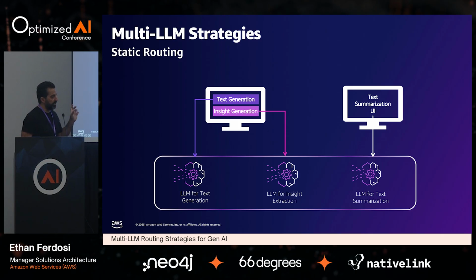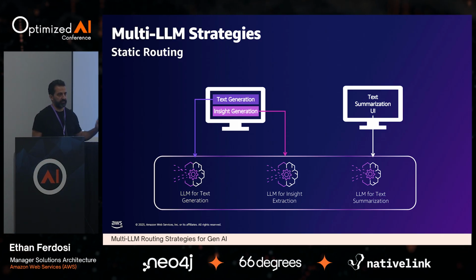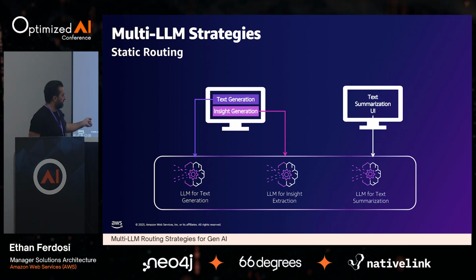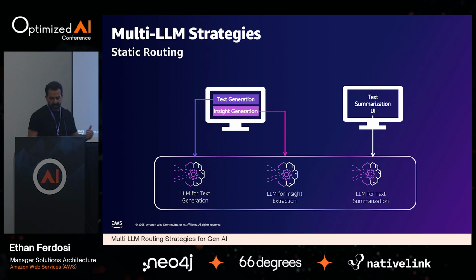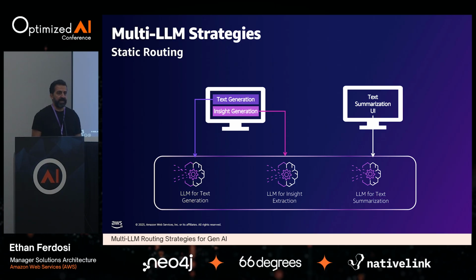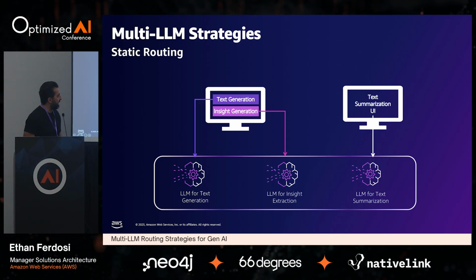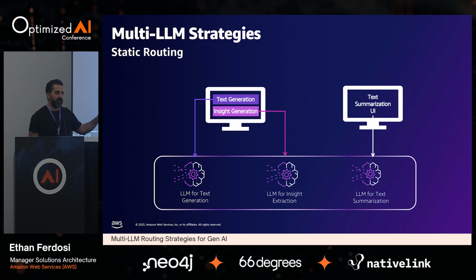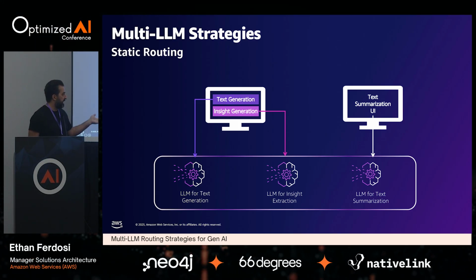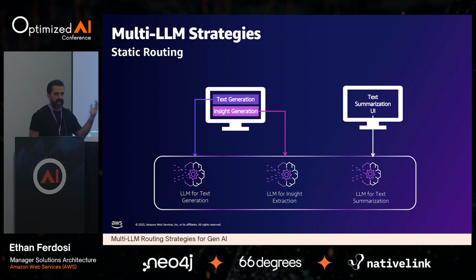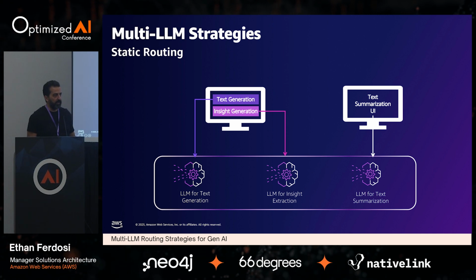That UI component directly links to a specific model that is good and optimized for text generation. In contrast, there is another team that wants to do some insight analysis to see how the ads are performing, so the UI component is linked to another model. And then a completely different unit in that company might do the business analysis, and they need to do some text summarization on the output and on some performance data.